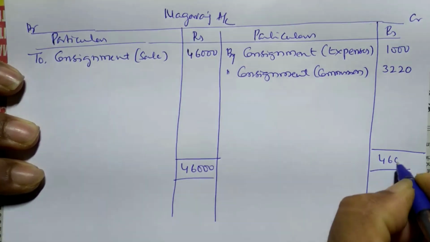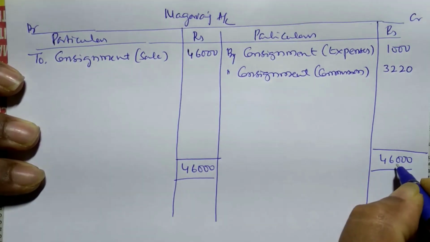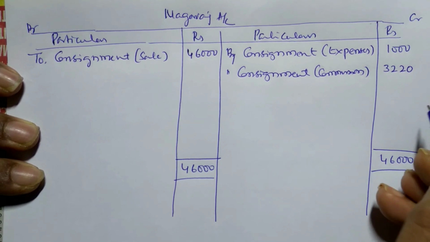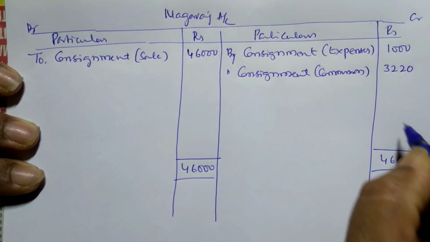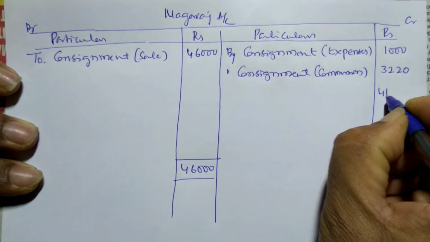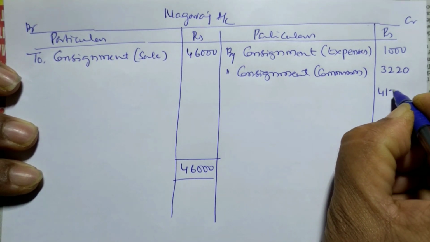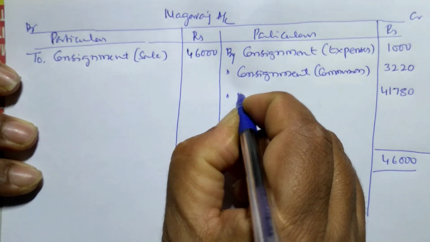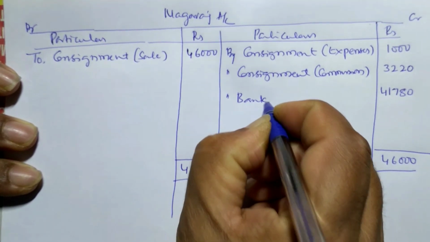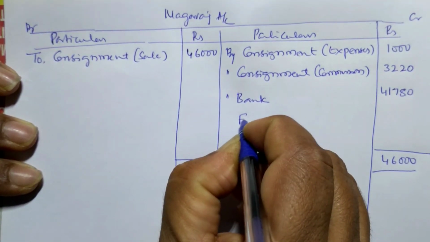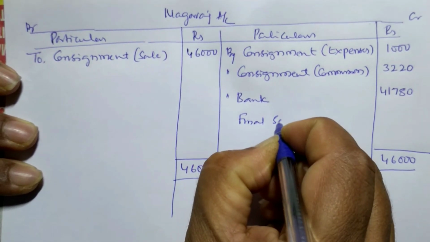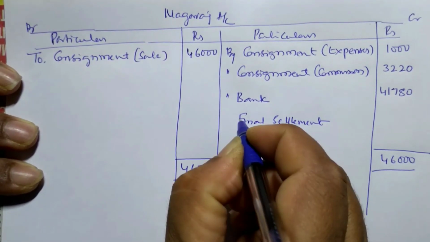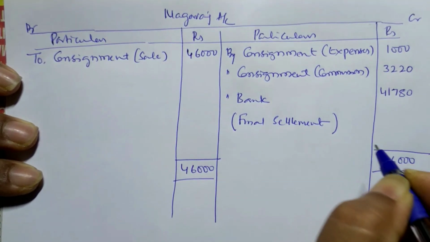From 46,000, we must deduct 4,220. The difference would be 41,780. This is bank. It is final settlement. In this way, the consignee account must be prepared.